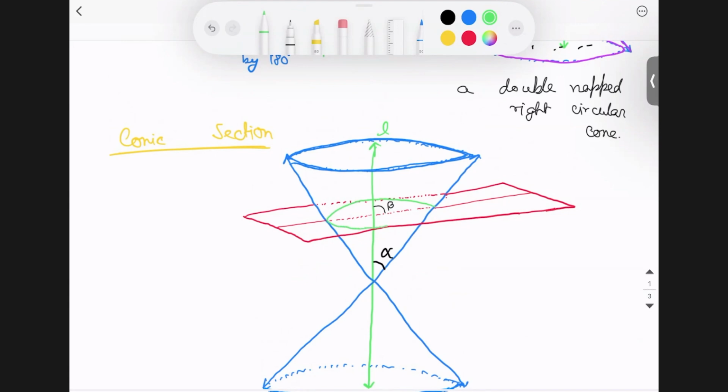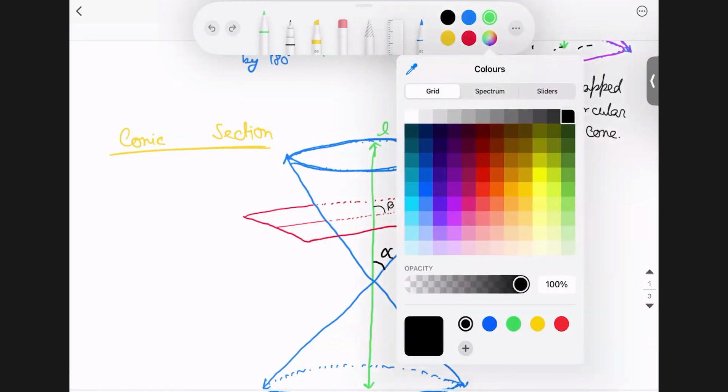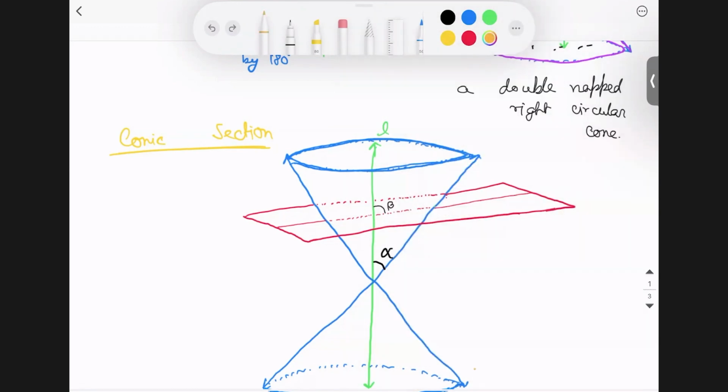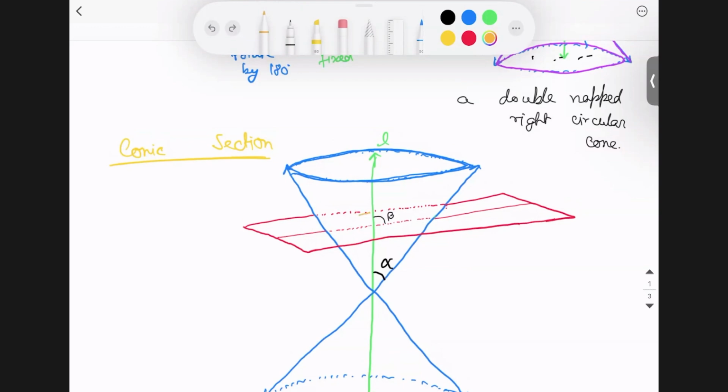Maybe this color is giving some confusion, so I can use a different color. Orange is there, so we can use orange, on the plane like this. Okay. So this line is called a conic section.